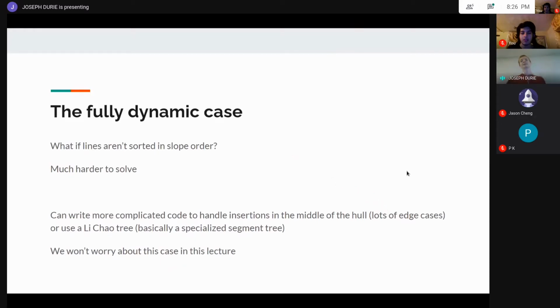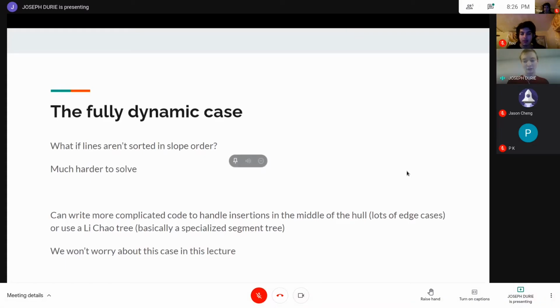Oh yeah, and one last thing is what's called the fully dynamic case, which is what if your lines are in some random order? So this is much harder to solve. There's a couple ways you can do it. One is you can do what we did here, except have more complicated code that handles inserting a line in the middle, which has a lot of edge cases. I've tried to do this a couple times, but it's just a complete mess.